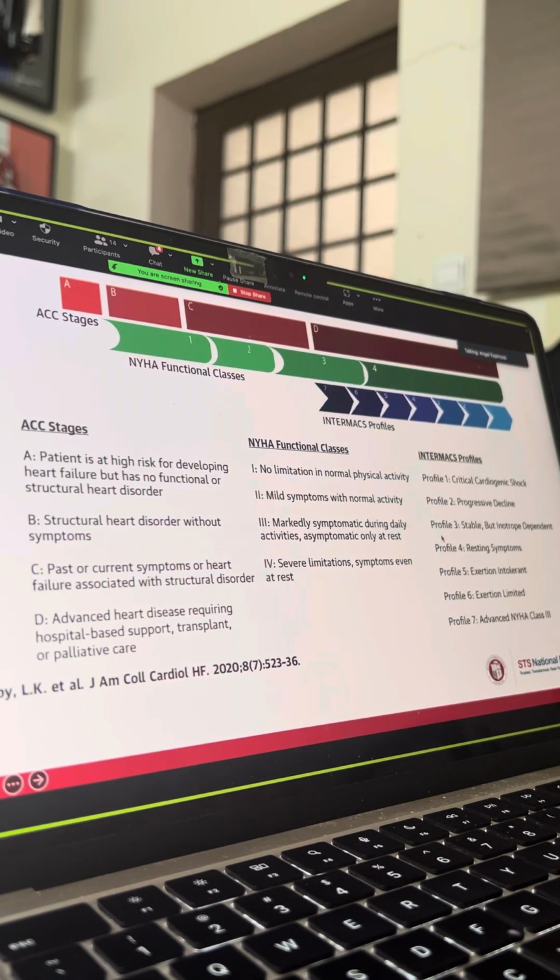Here the time is not enough, but you can see an analogy between the INTERMACS profiles, the NYHA functional classes, and the stages of the American College of Cardiology.